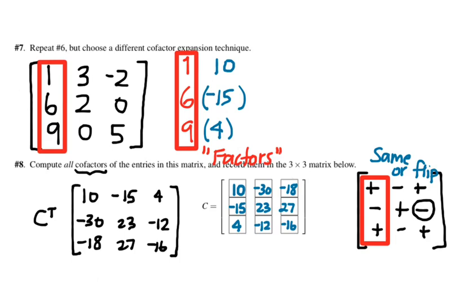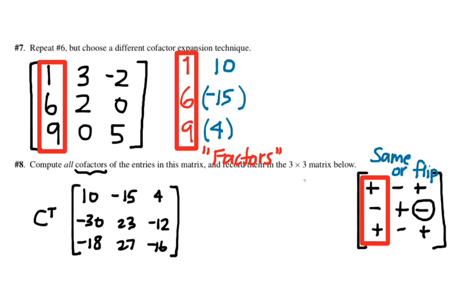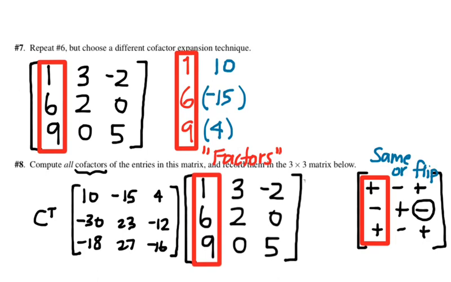And then you multiply that by the original matrix A. So make some room here. And I multiply that by A. And what happened?